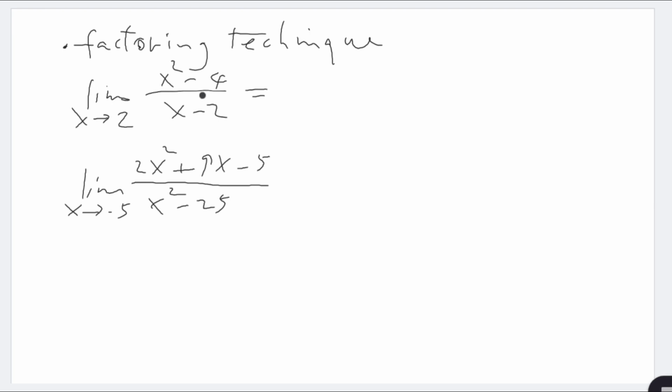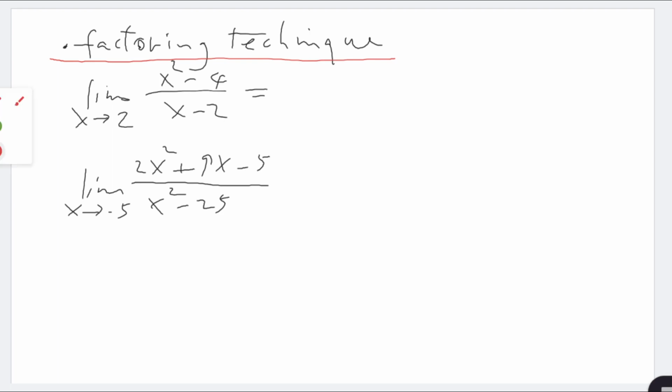We can create a table, check out the left side limit, the right side limit, and figure out that way. But here we're talking about the algebraic approach. So let's do it algebraically. It may or may not work out. How do we do it? We're going to apply what's called the factoring technique.